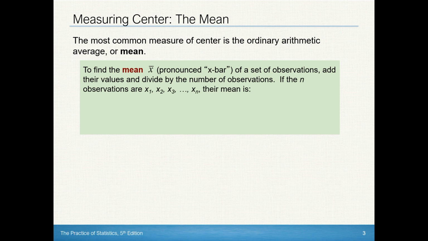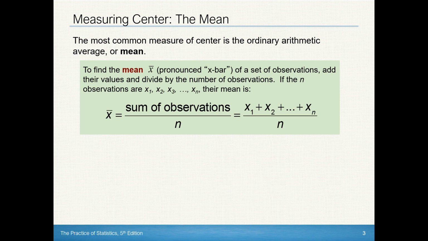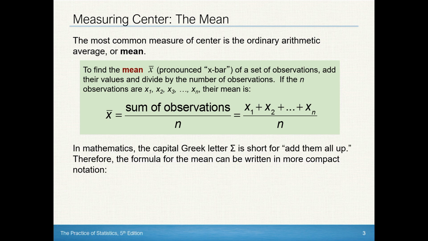So if we have a bunch of observations, the first x, the second x, the third x, all the way to the nth x, so that's x sub 1, x sub 2, all the way around the room till we get to the last one, their mean is going to be found by taking the sum of those observations and dividing by n, the number of observations. In mathematics, we use a capital letter sigma, a Greek sigma, to mean add them up.